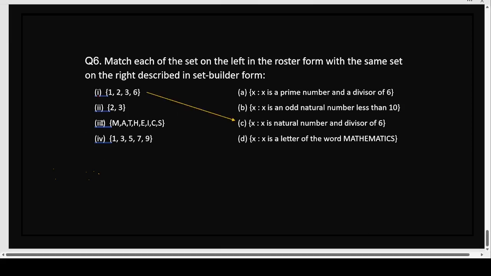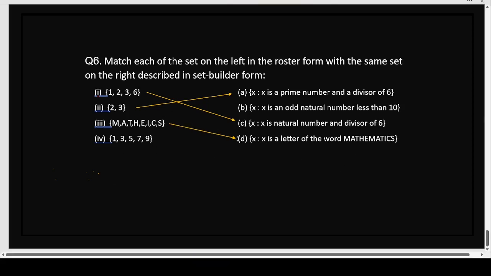Next, 2, 3. X is a prime number and a divisor of 6. This will match with the first one. Next, M, A, T, H, E, I, C, S. Clearly this is x is a letter of the word mathematics.